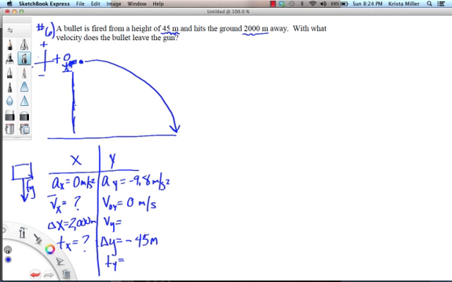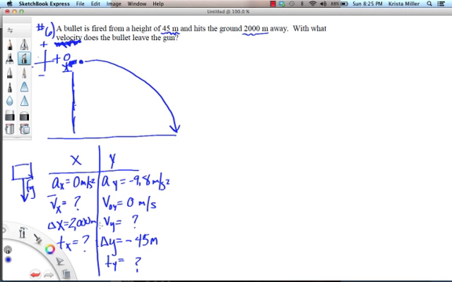We don't know time in the y direction either. We don't know final velocity in the y, although we could find it. We don't know time in the y, we don't know time in the x, and we don't know average velocity in the x. So the question becomes, with what velocity does the bullet leave the gun? Which velocity am I talking about?